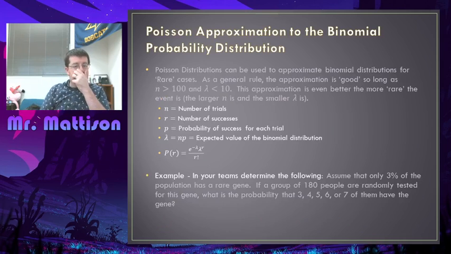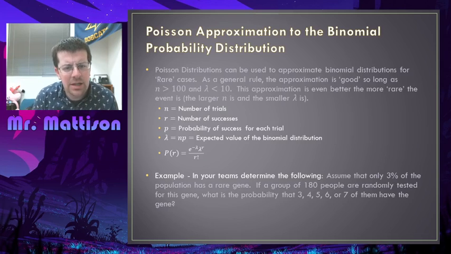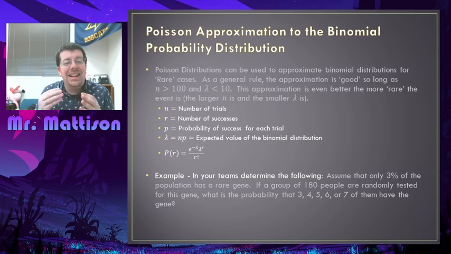So there's another use for Poisson distributions here, right? And that is for extremely rare cases. So the binomial distributions we went over in 5.3 work great, except when things are super rare, right?